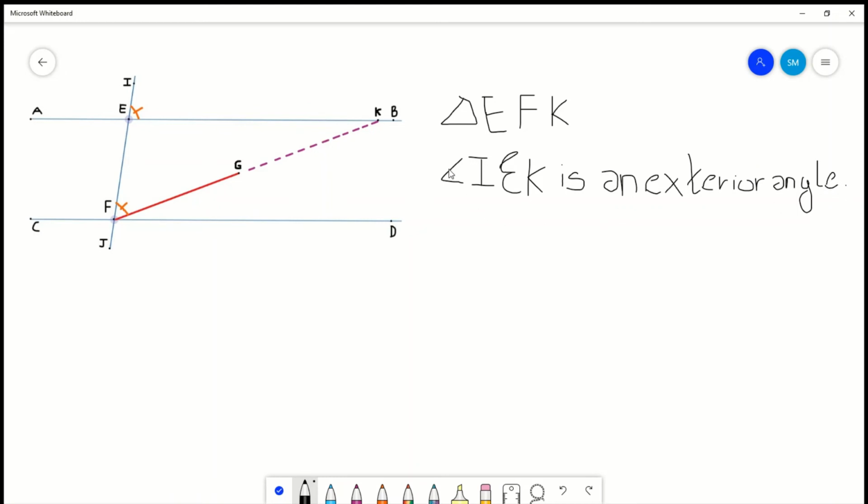So as angle IEK is an exterior angle, angle IEK must be greater than either of the two angles which are not related to the exterior angle. So angle IEK must be greater than angle EFK.